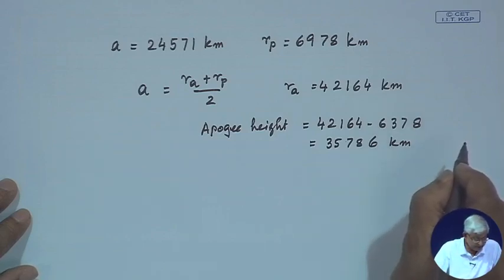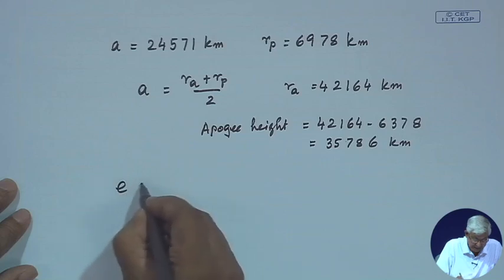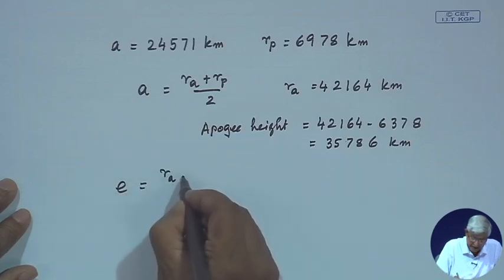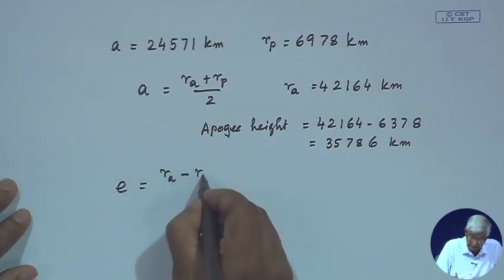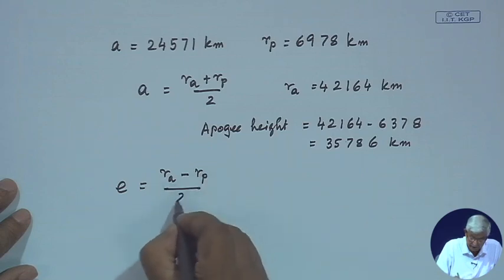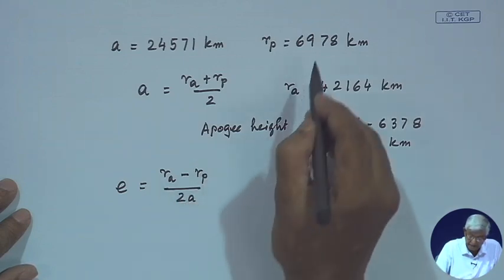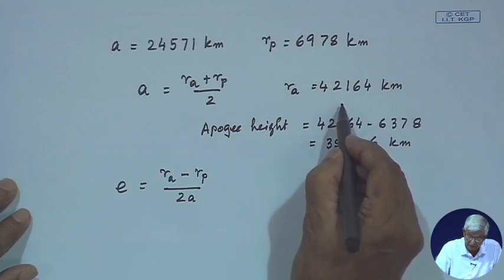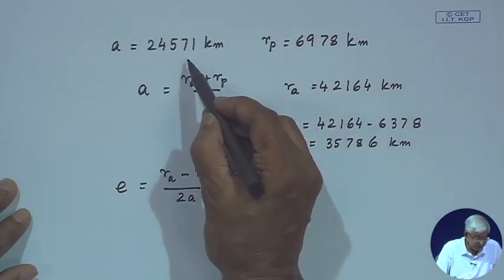So, eccentricity can be found out as E is equal to (R A minus R P) by 2 A, and R P value is known, R A value is known, and A value is known.